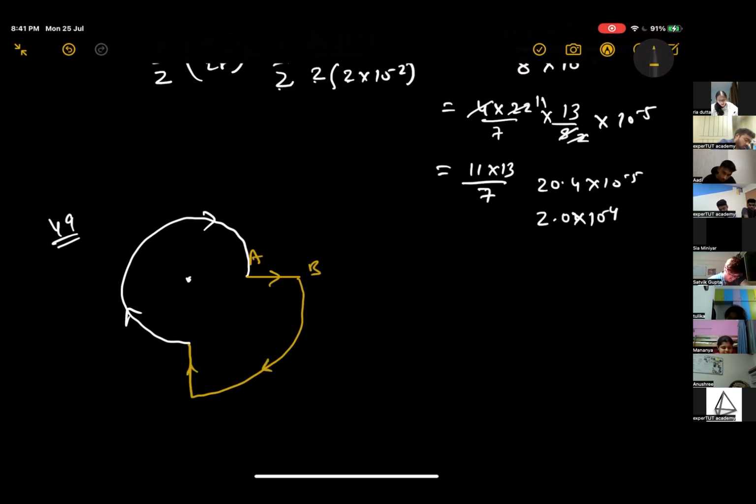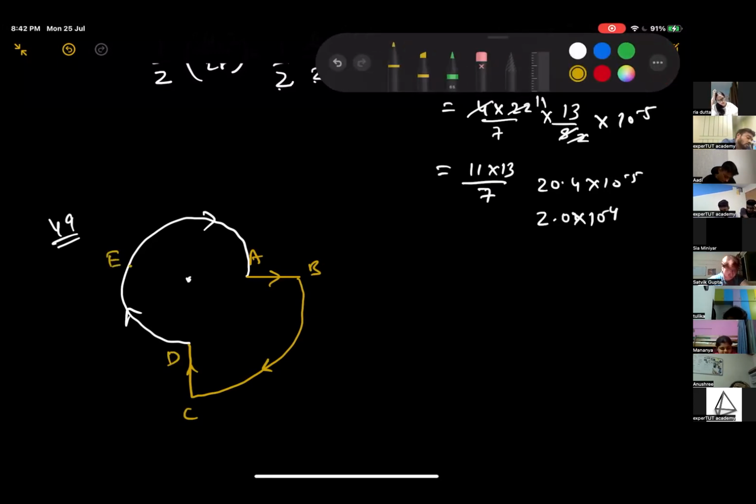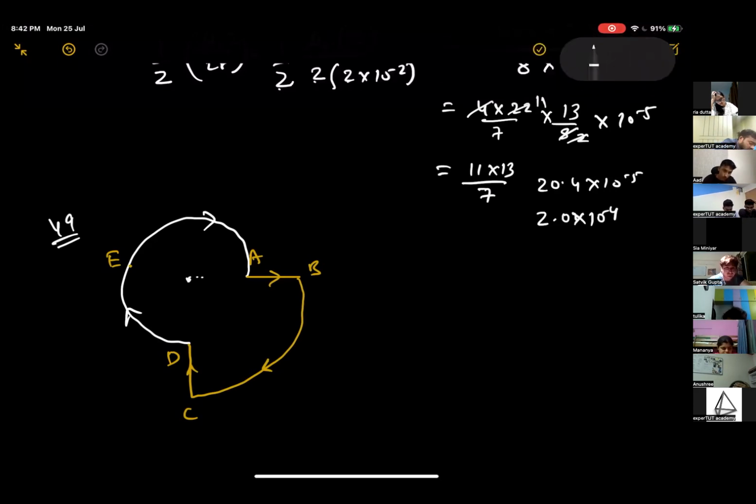A B C D E. Now listen, the magnetic field. This current is I, and they have given MA is equal to R, so this distance is R, and this full distance they have given as 2R, right? And some current I is flowing.